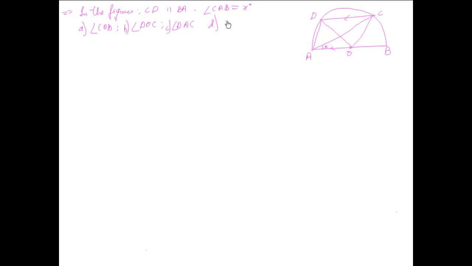Now children, if this angle is x, it is made by this arc, so this angle will come out to be 2x. Angle at center twice angle at circumference. That's COB. Now children, this angle is also x, interior alternate angles. This angle comes out to be 2x, again angle at center twice angle at circumference.